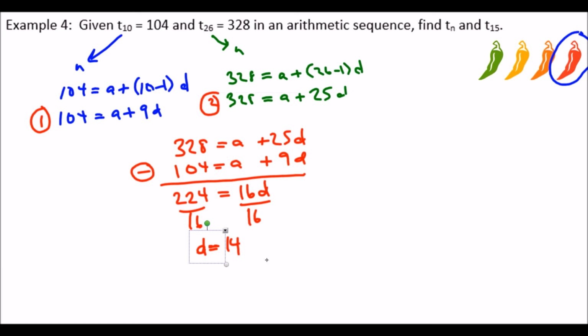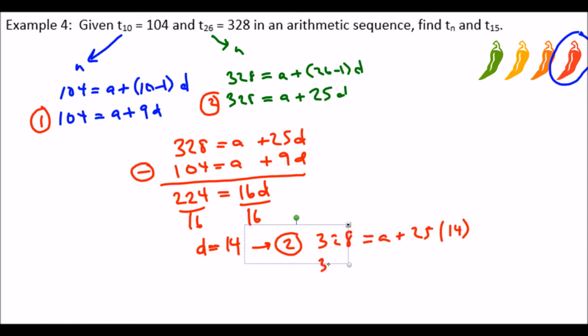I can substitute in either equation, so I'm going to substitute it into 2. So I get 328 equals A plus 25 times 14. I'll just pull my calculator, do that quickly. It's 350.